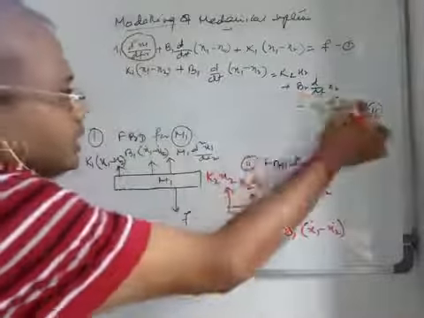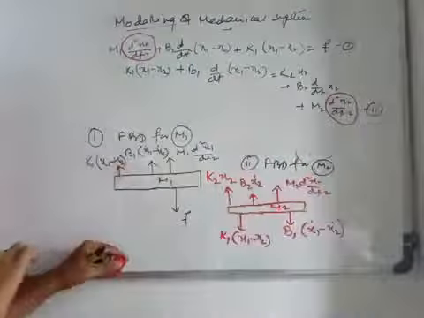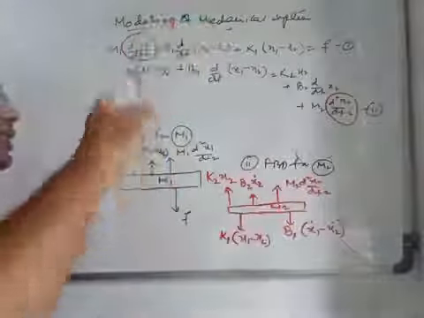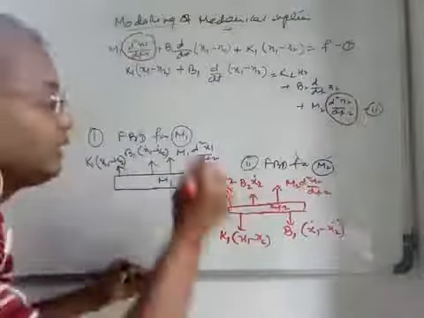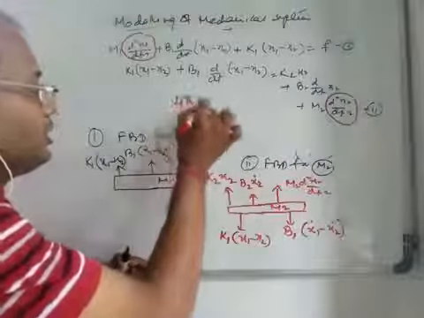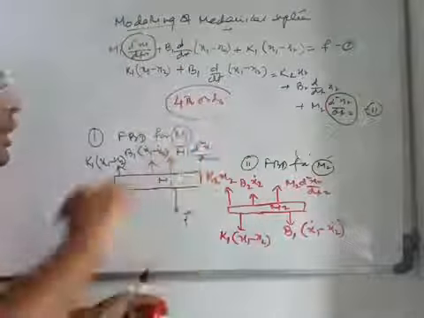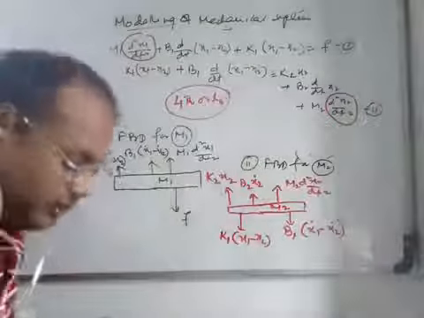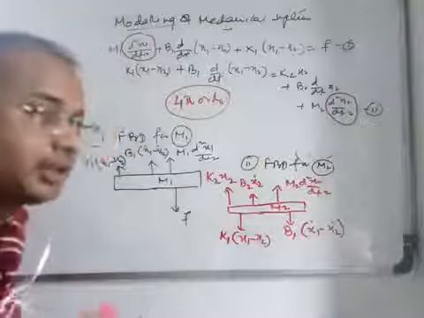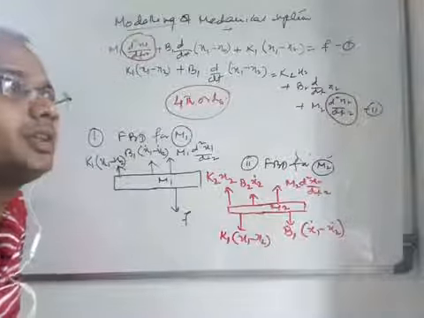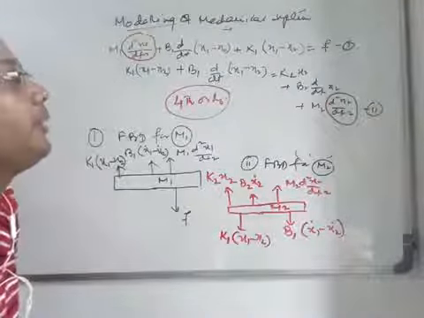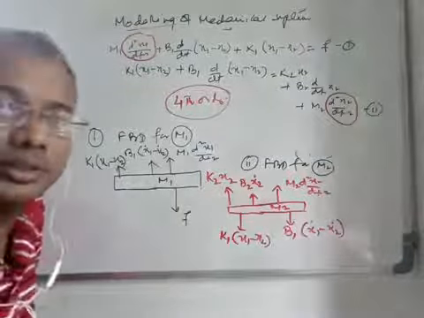Similarly here also this is a second order differential equation, right? So when these two second order differential equations are merged into one, you get a fourth order differential equation. So the total system can be a fourth order system, right? And this is how the mathematical modeling of the mechanical system can be done.